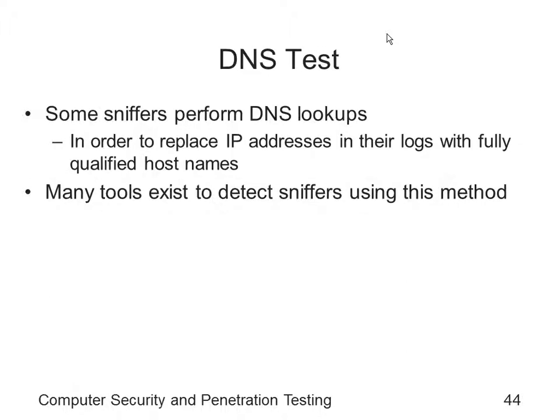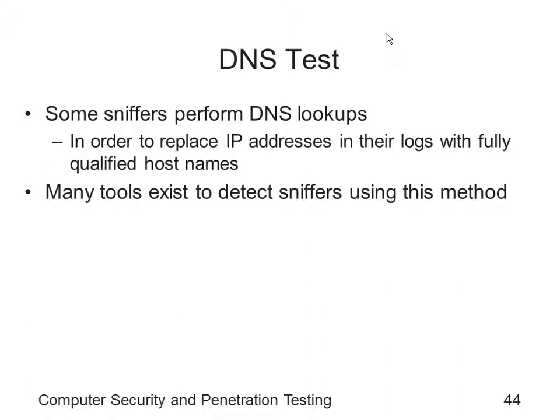Okay. DNS test: some sniffers do DNS lookups. An example is a tool I used to view router traffic, and I would use it to download the data from my router to build charts.